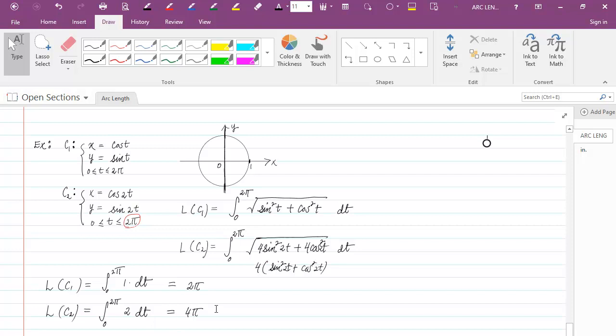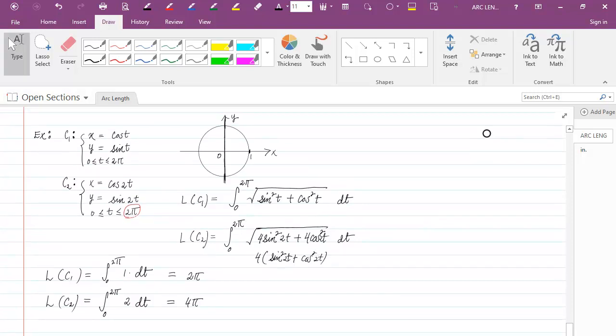which is equal to 4 pi. So notice that if I am trying to find the length of the circle of radius 1, then I shouldn't be using the second parameterization, because this is giving me twice the length of the circle.